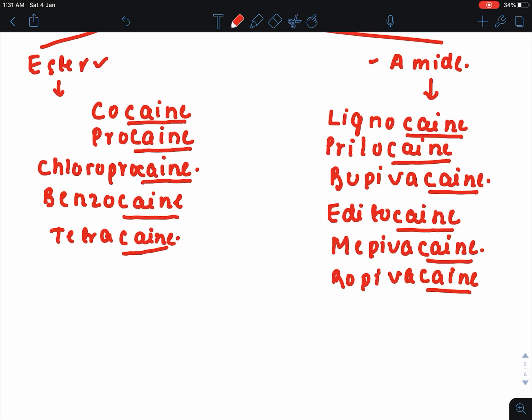In ester, you will see only one alphabet I is present, everywhere. And in amide, two alphabet I are present, one here and the other here.